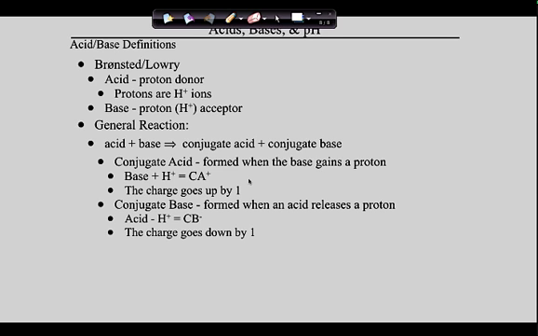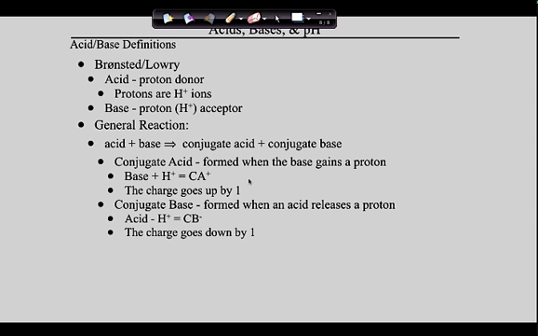So guys, this is one of the things that you need to be able to do as a result of what we're doing today. It'll be on the test. It'll be on the SAGE test. You've got to be able to look at an acid-base reaction and figure out which is the acid, which is the base, which is the conjugate acid, and which is the conjugate base. That's all you've got to do this year, just identify and label the parts.